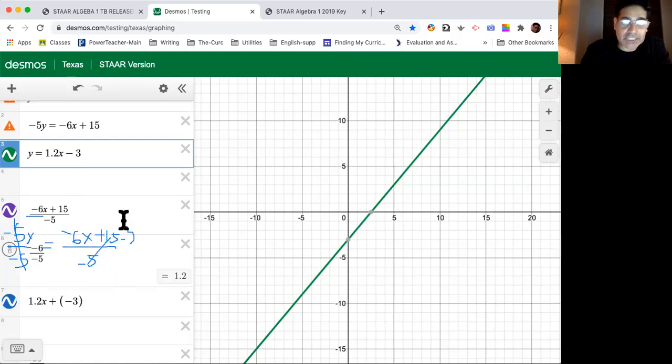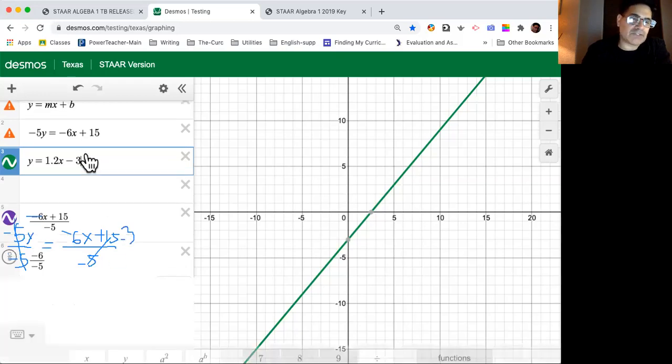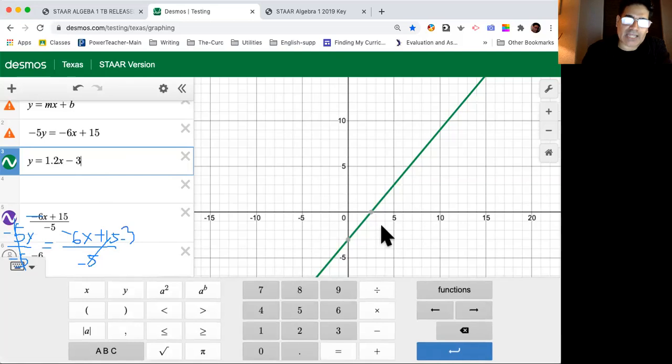But as you can see, Desmos can help you out with this math by letting you see that the ugly fraction of negative 6x over negative 5 gives you the result, and it remembers your x. This bit of simplification just gives us a negative 3. Put those together, it gives us that line.